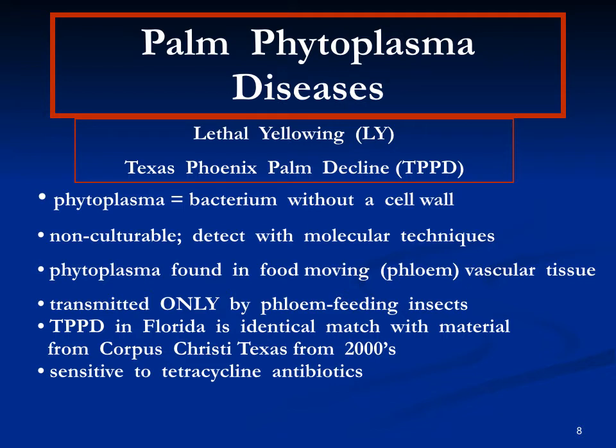Or possibly they are loaded up into a semi-truck and then driven across I-10 down the peninsula, and then these plants with the insects were brought to Florida. No one really can say for sure with any authority exactly how it got here, but it did get here from Texas. It is sensitive to tetracycline antibiotics, as is true with citrus greening. So we'll talk more about that in a moment.